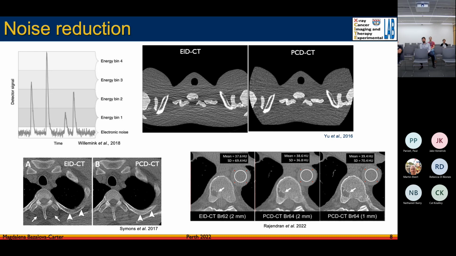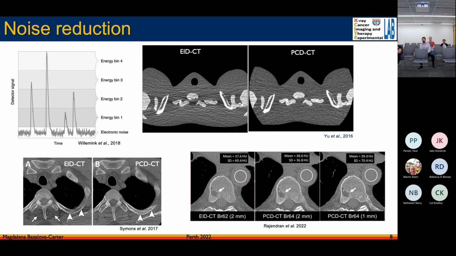Even if you just look at it, you could probably tell that the PCT-CT image is less noisy than the EID CT image. Maybe it's not super convincing from the point of view of diagnosis, but it tells you quantitatively that PCT-CT produces lower noise.